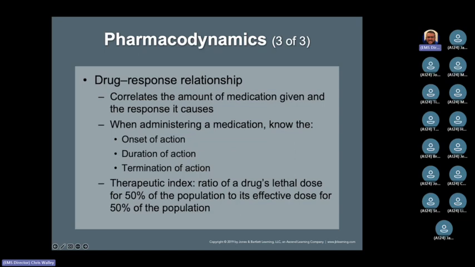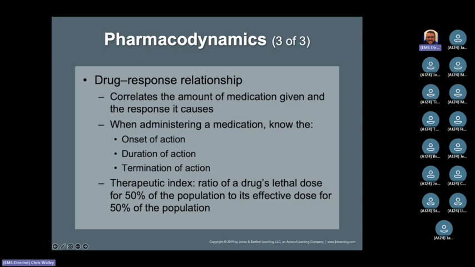Onset, duration, and termination of an action affect the therapeutic index, obviously. The ratio of a drug's lethal dose for 50% of the population to its effective dose for 50% of the population gives an indication of a medication's margin of safety. Each medication also has a biologic half-life, the time it takes the body to eliminate half of the drug.